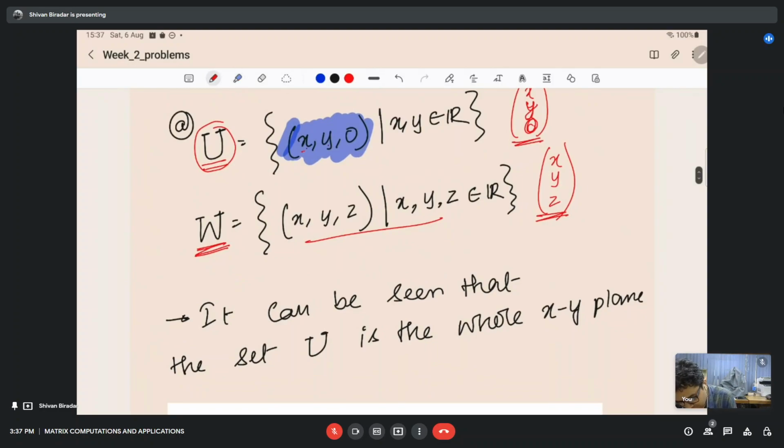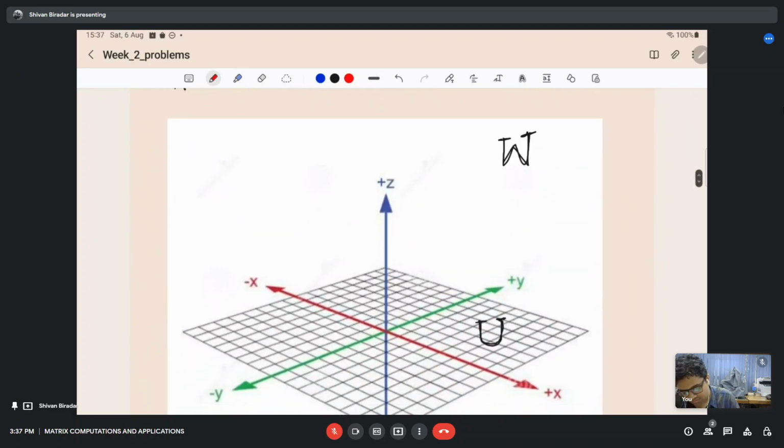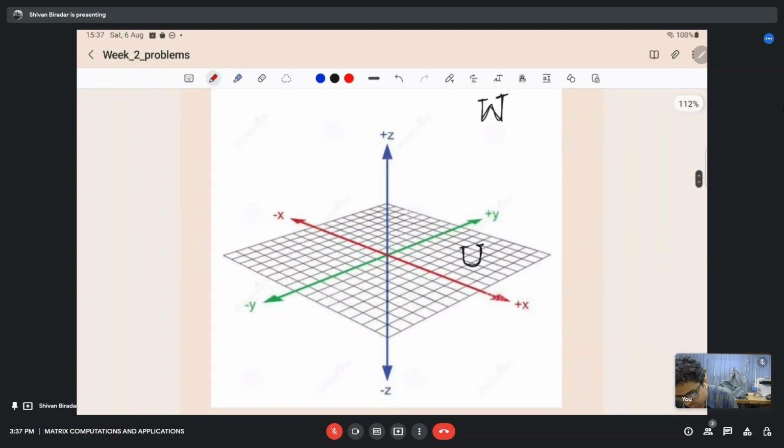See, x and y are the only non-zero entries here, whereas this is totally zero. So what we can see is that U only contains vectors of the type x, y, 0, which means that z is always zero. So you don't have this vector; forget this vector z.